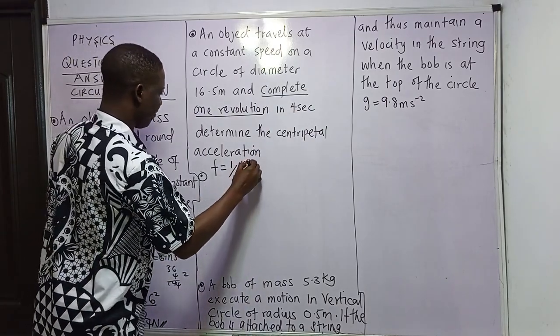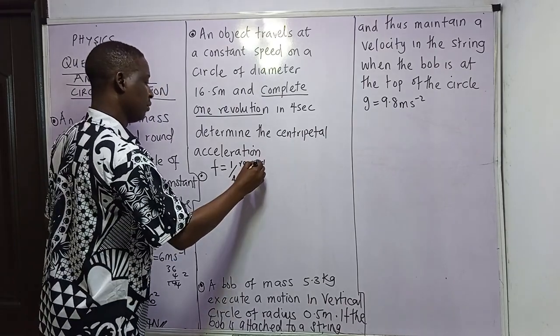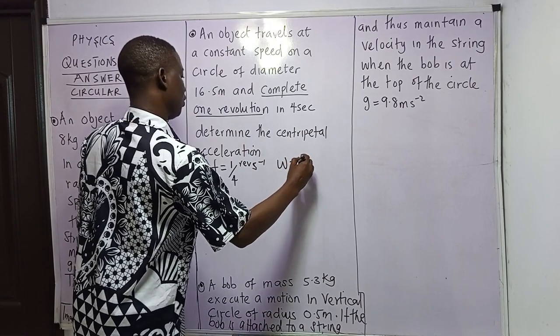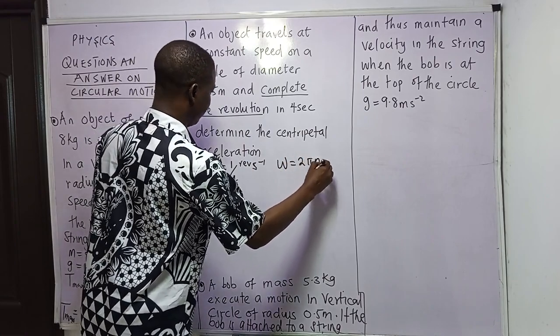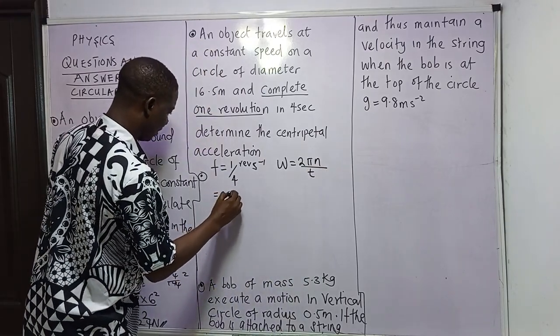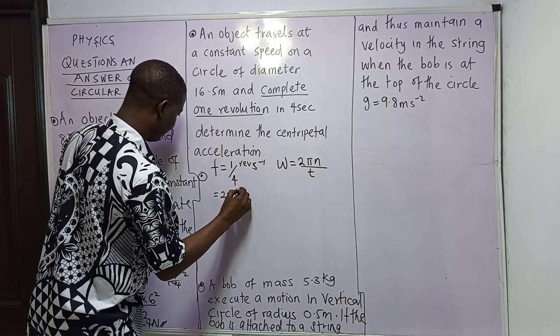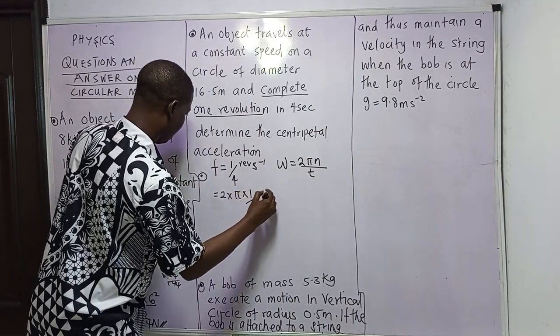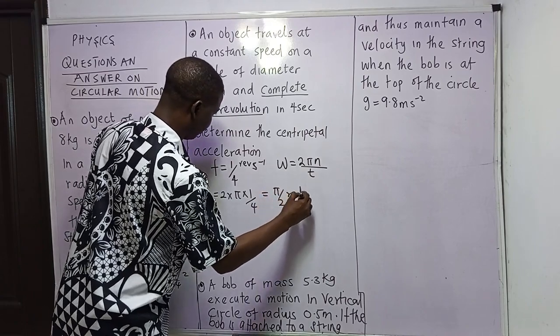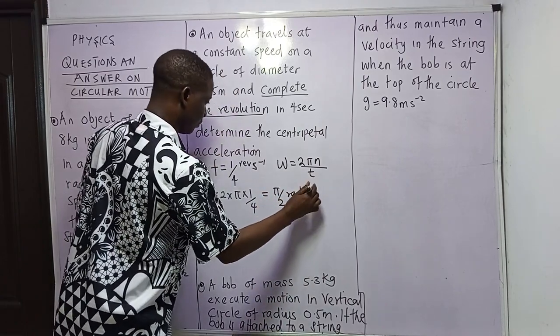So this is rev per second. Now, if you are given that, then omega is equal to 2 pi n over t. So that will give us 2 times pi times 1/4, which is pi over 2 rad per second.